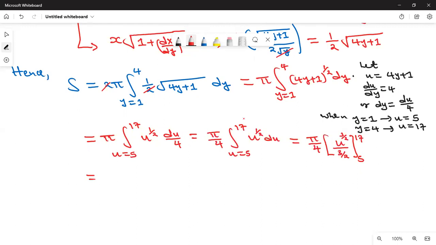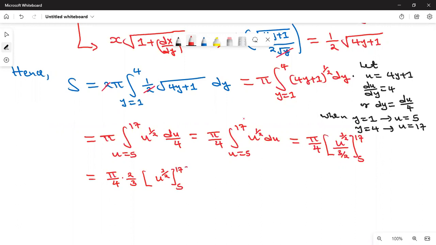So pi over 4 divided by 3 over 2 is like pi over 4 times 2 over 3. Then here now we have u raised to 3 over 2 from 5 to 17.